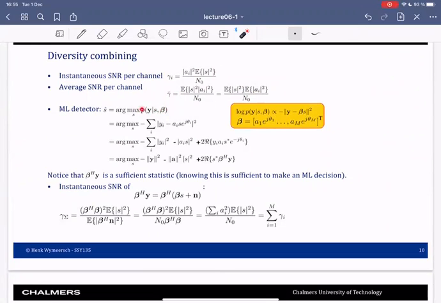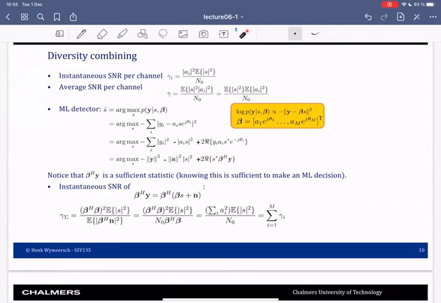Now I can take the logarithm of this, and this log likelihood function is given by this squared norm with a minus sign, where beta contains all the complex channel coefficients. I can write this out. In the end, I get this expression with the square root of the observation, the square root of the channel and the signal, and then this product of the observation with this beta Hermitian.